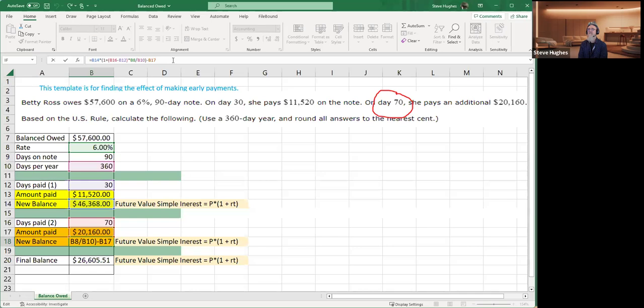So that's why I make that difference there. Then I multiplied it once again times the interest rate divided by the number of days per year, because once again, we're looking at a daily rate as compared to an annual rate. Remember, the rate of 6% is an APR. So enter this formula, and they now owe $26,517.12. This is on day 70.